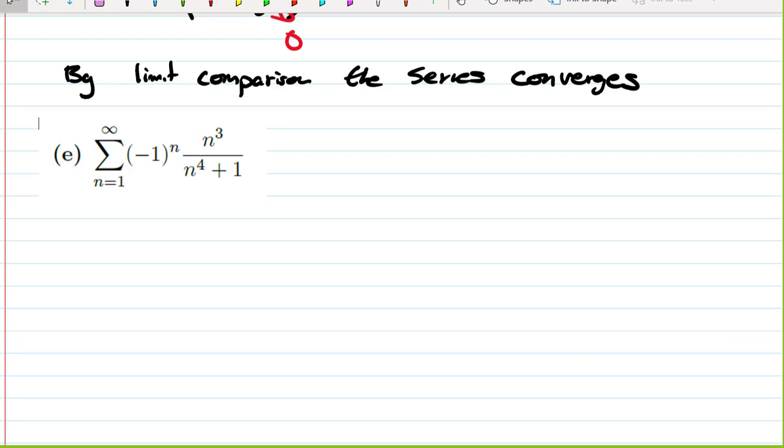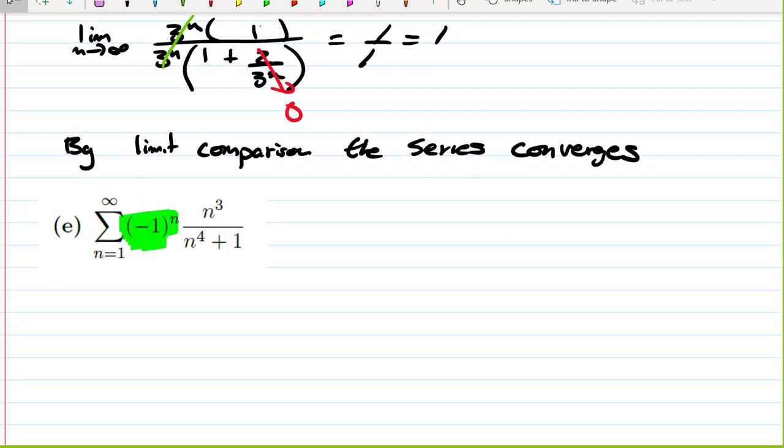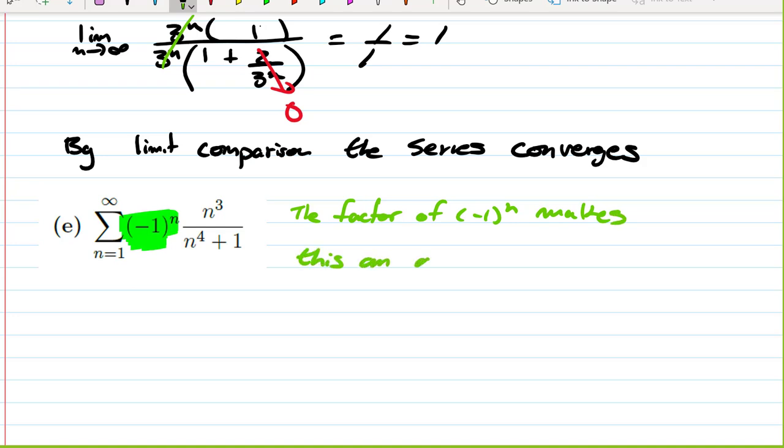We notice the (-1)^n factor makes this an alternating series.